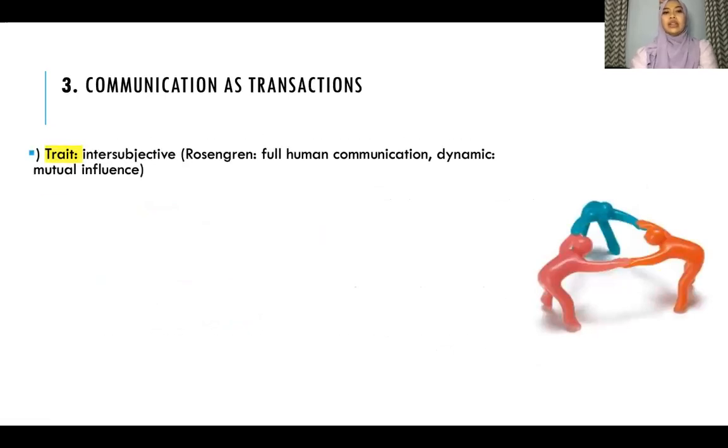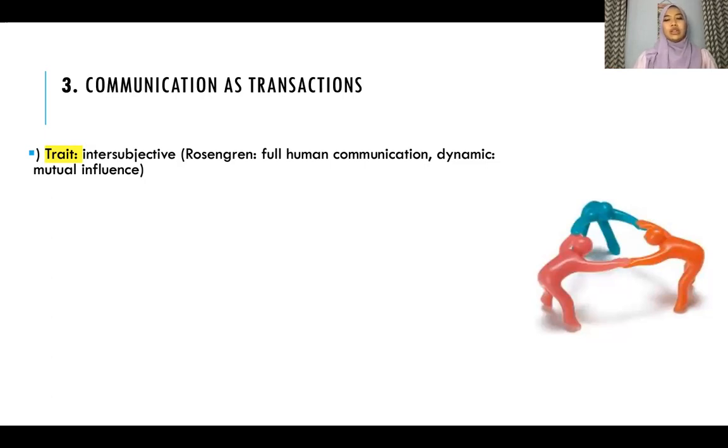It is intersubjective, because I cited Rosengren, who said that in this type of communication, this is full human communication, because we as humans will interpret all of the symbols, all of the icons, and also all of the verbal and non-verbal messages that follow in the process of communication.